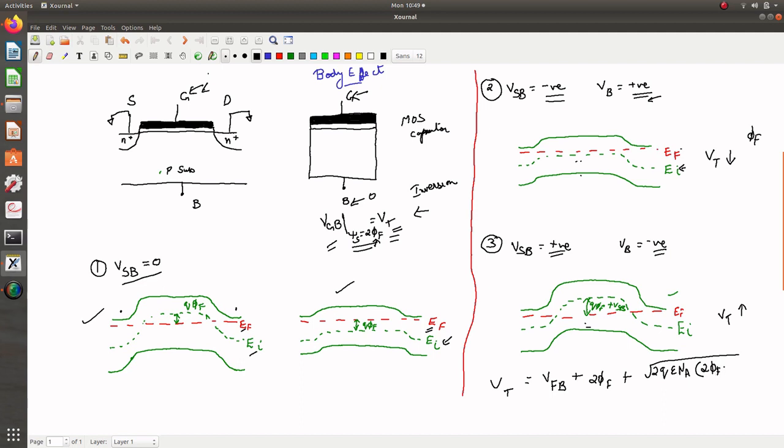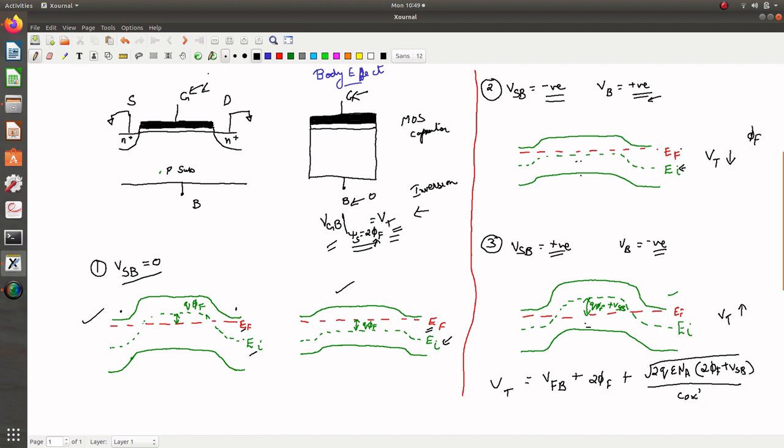Earlier it was just 2 phi f; now we have this factor plus VSB.